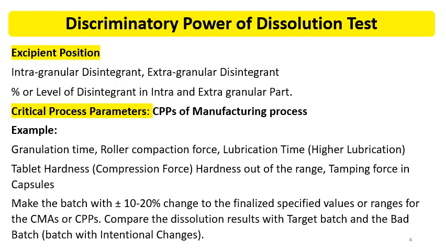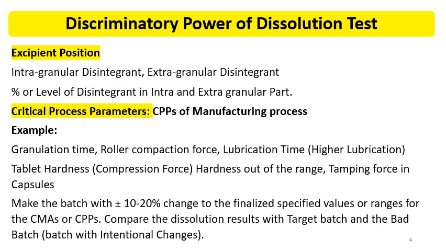Then tablet hardness. Compression force can be varied, which will give you a change in the hardness of the tablet. And hardness out of the range can be tested to understand whether the hardness is affecting the dissolution or not.